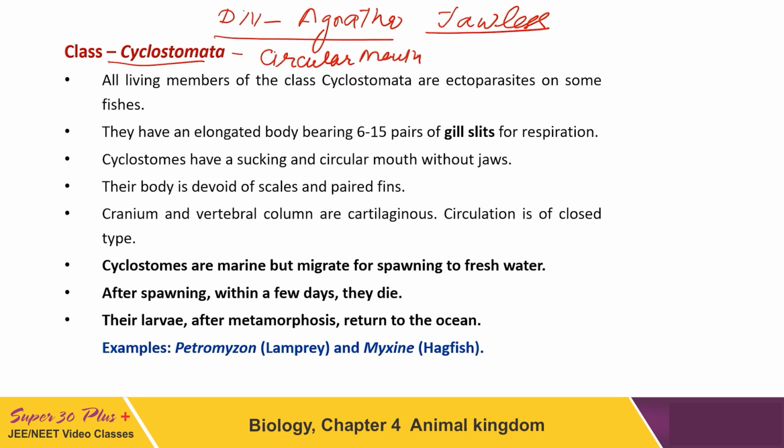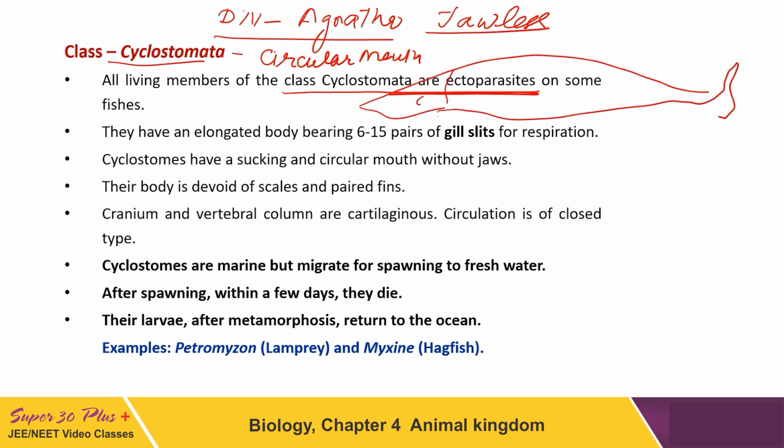All living members of the class Cyclostomata are ectoparasites on some fish. Interesting thing. Let me draw this: a fish is there, and this is the Cyclostome, which is an ectoparasite.